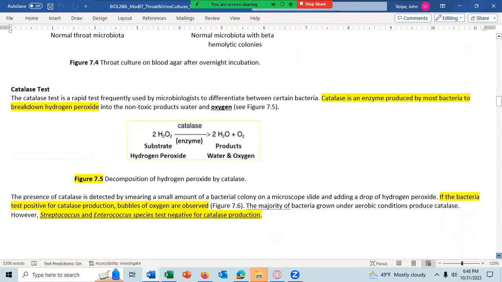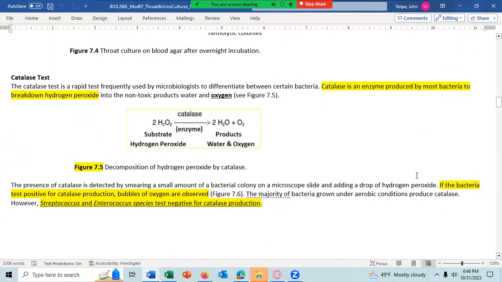The catalase test just looks for the presence of the enzyme catalase, and if catalase is present, it will convert hydrogen peroxide into water and gas, or oxygen. That oxygen creates bubbling, and then you look for the presence of bubbling, and then you say it's catalase positive.